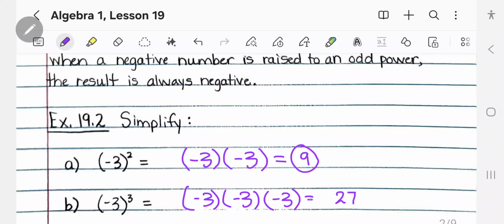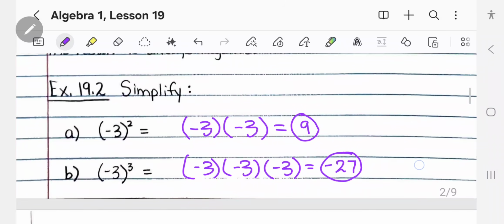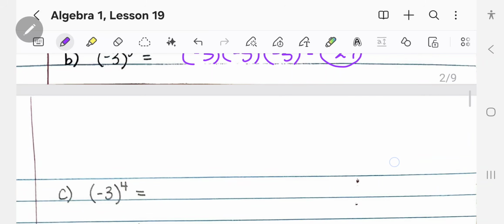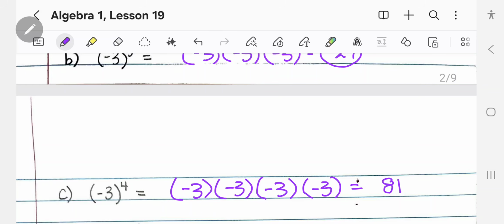And I have 3, an odd number of negatives, so my answer is going to be negative. For C, negative 3 is my base because they have it in parentheses right next to the exponent. 3 times 3 is 9, times 3 is 27, times 3 is 81. And I have an even number of negatives, so it's positive.